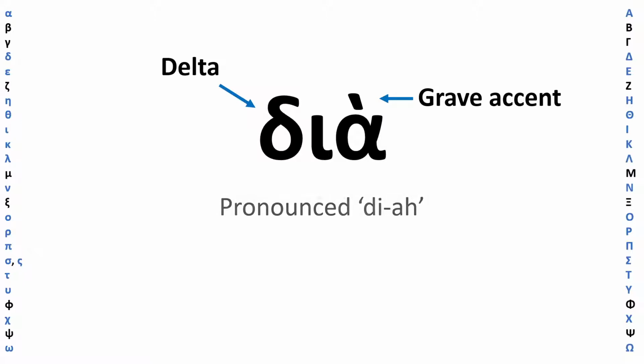Now, in terms of pronouncing accents, I think most of the time these days, people mainly prefer you just to put a stress on that particular letter or syllable, rather than necessarily going up or down. There's a bit of debate around whether you're actually going up or down with these accents. But this one's called a grave accent, and you just need to put stress on the alpha at the end. So delta, iota, alpha, dia.